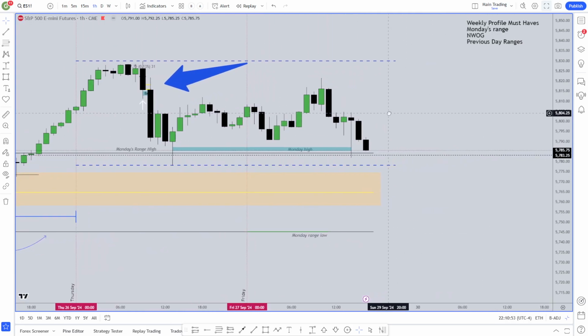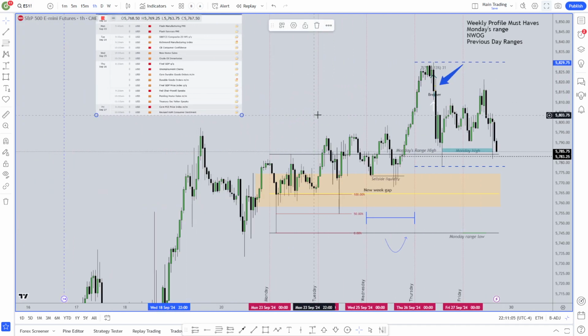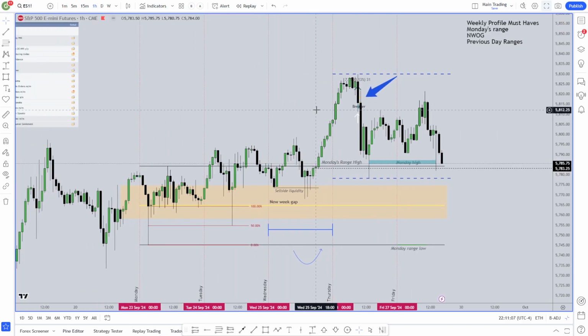So the setup for Friday is going to be using all the information of a weekly profile. So your classic things like a TGIF level, which I'll mark out for the purpose of this weekly profile, but just understanding the main message on a bullish weekly profile is that your bearish setups are going to be capped.